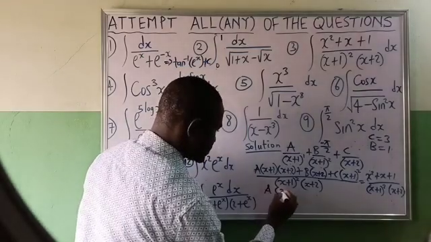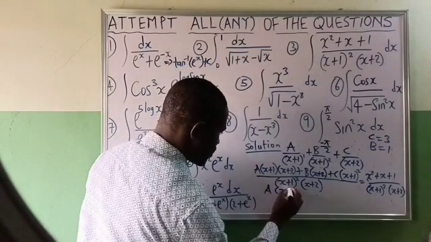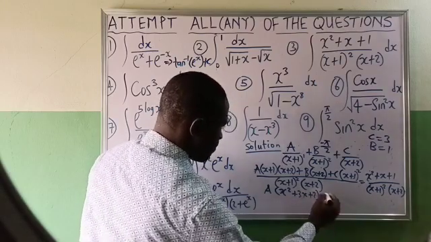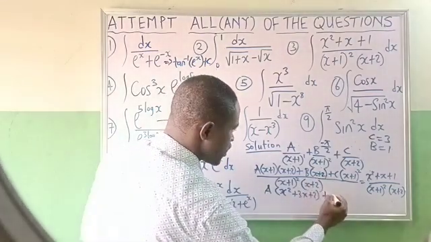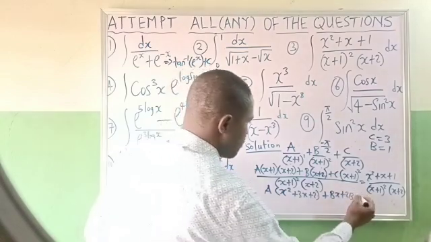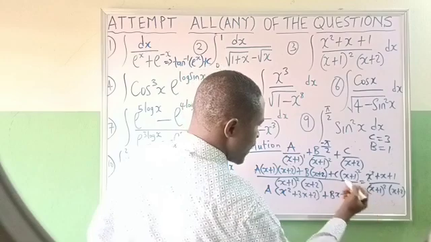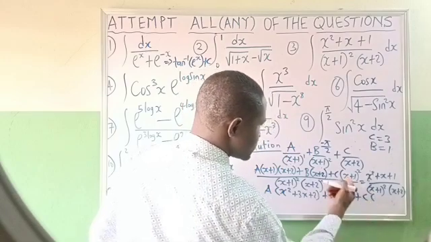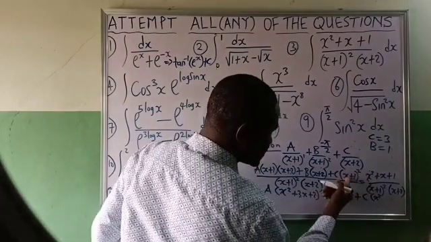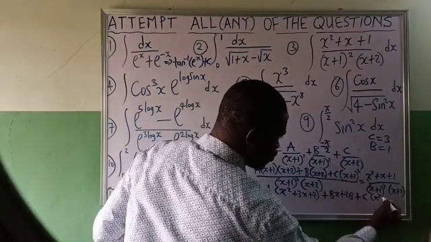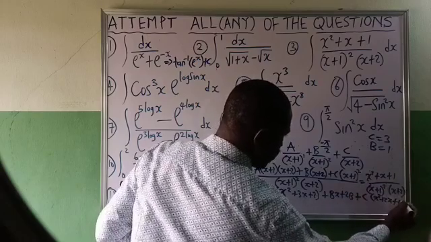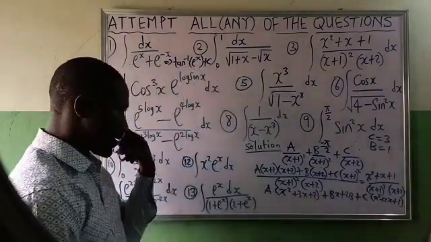A bracket x squared plus 3x plus 2, plus this one will give me bx plus 2b, plus this one, to expand it, c bracket x squared: 2 times x, 2x, times 1, 2x. Then 1 squared is 1. I've expanded it.